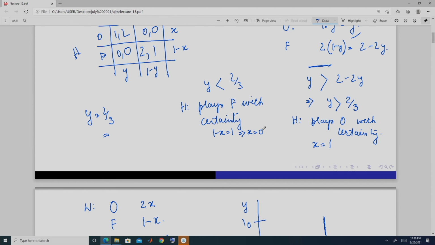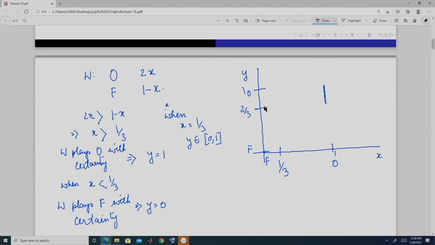So x takes value 0. And when y takes value 2/3, x can take any value between 0 and 1 because it is indifferent between playing O and F, right.